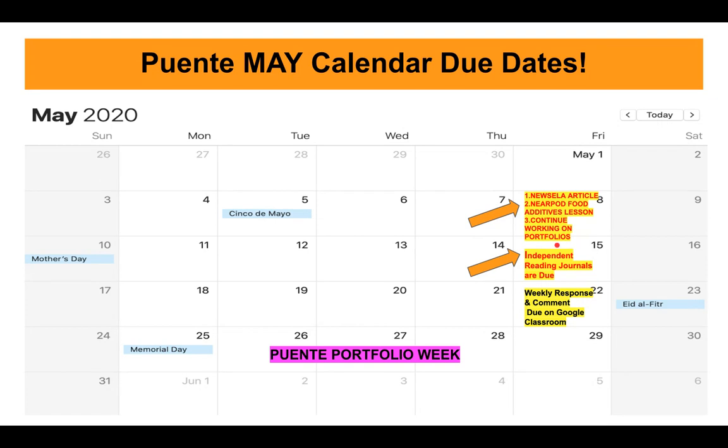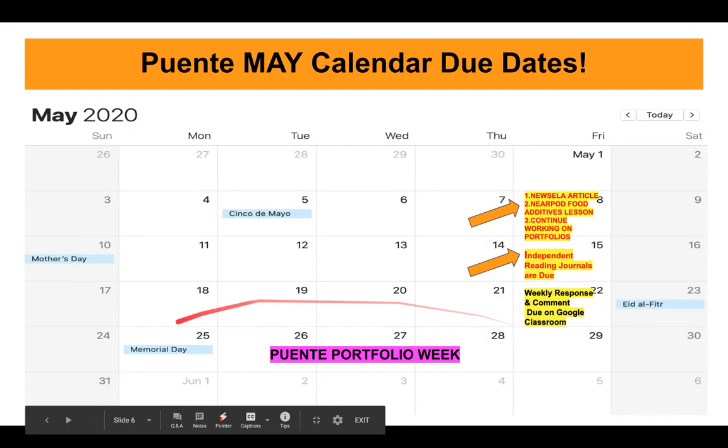I need to know that. I need that feedback. First time trying it remotely in student pace mode. Okay, and then continue working on those portfolios, and then independent reading, right? It's out there. Just once again, ongoing like the portfolios.